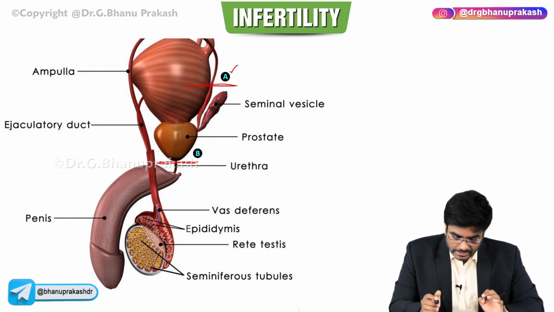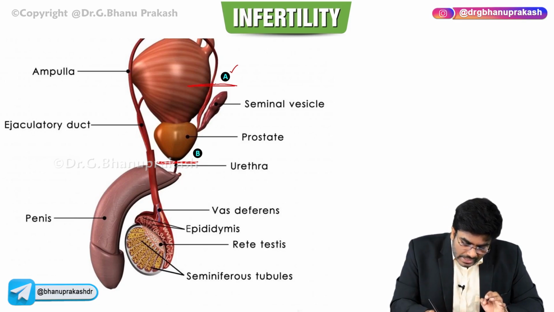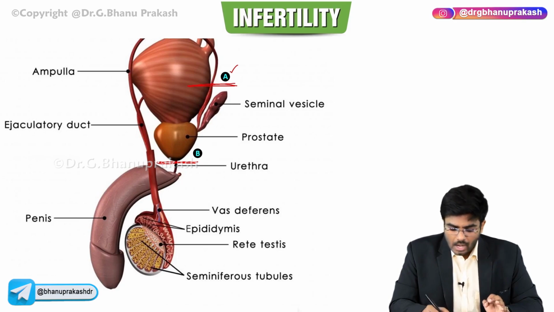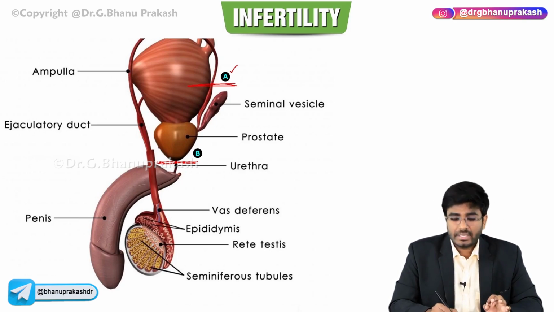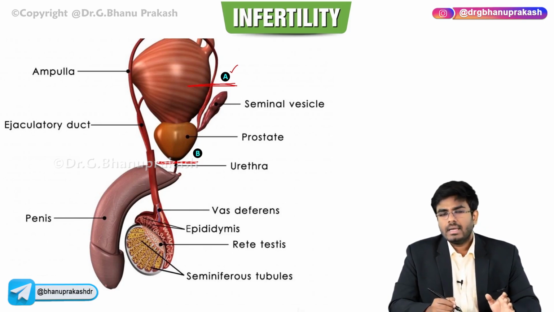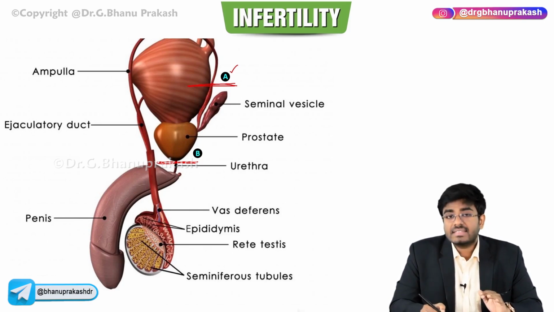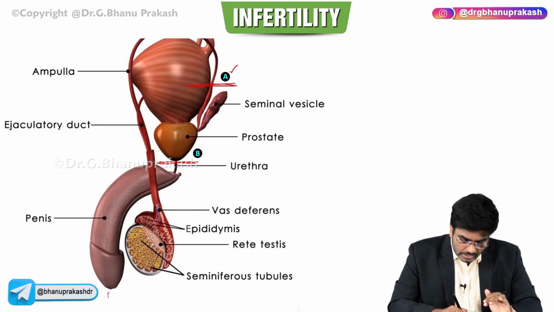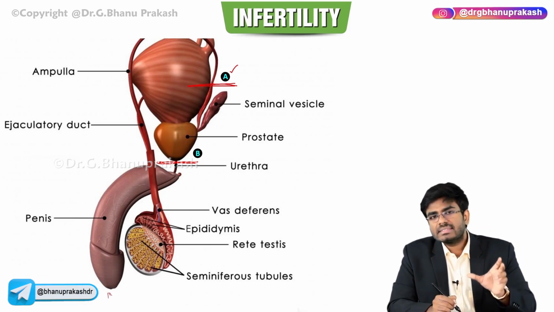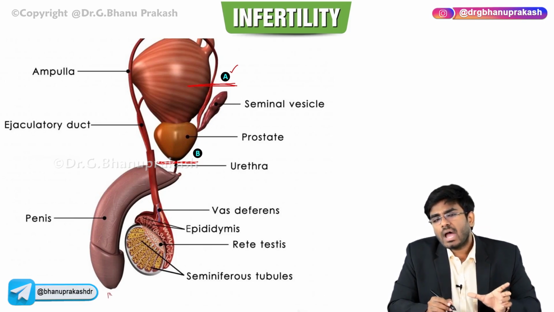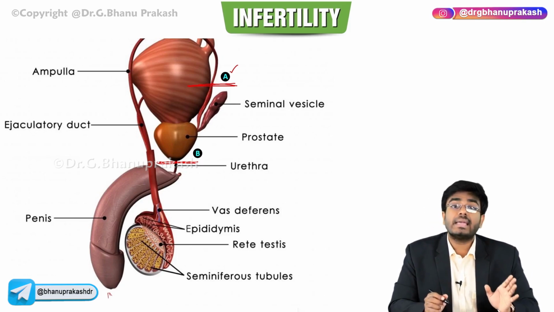Please concentrate. If there is a block at level A, the seminal vesicle contents are going to enter into the ejaculatory duct, the prostatic urethra, the penile urethra, and at the end the seminal vesicle contents are going to come out. So whatever semen came out, does it have fructose or not? Yes, it has fructose.